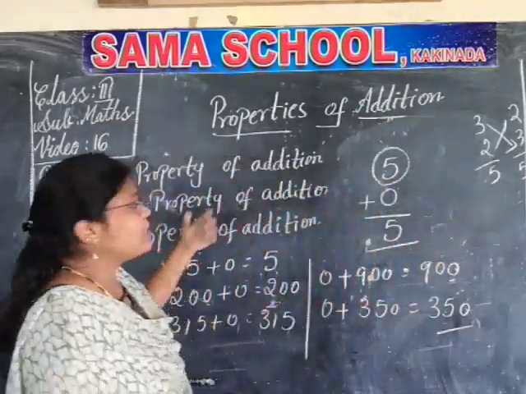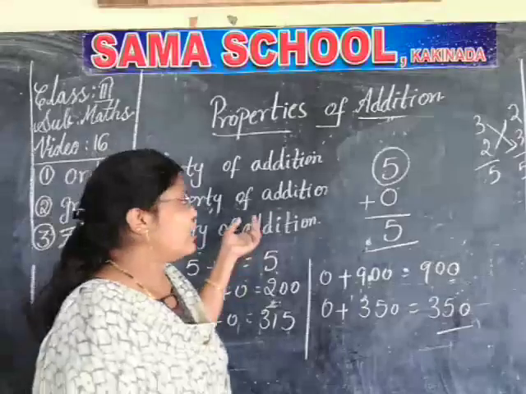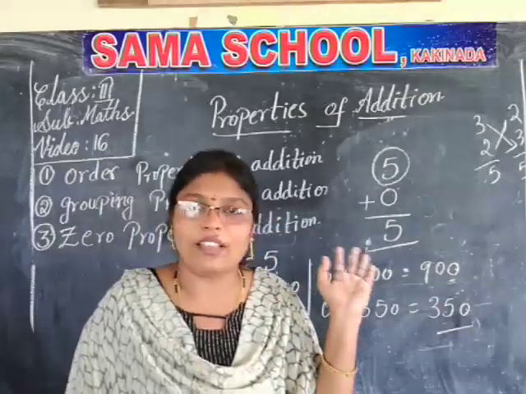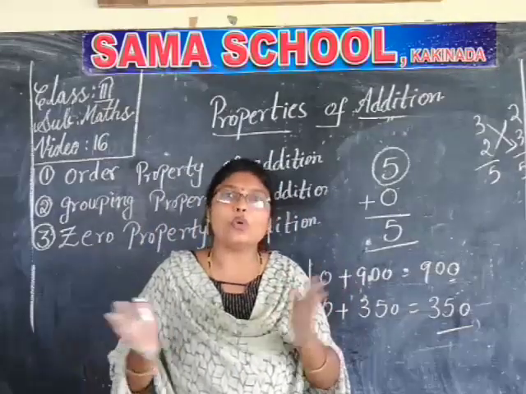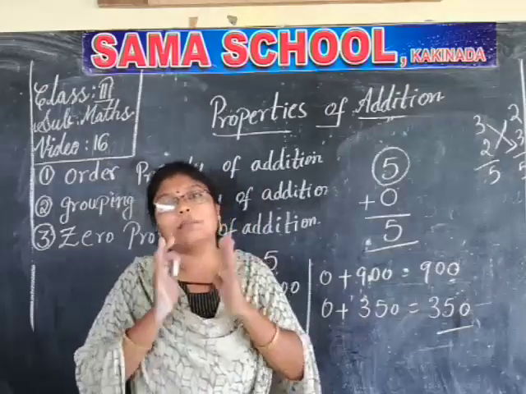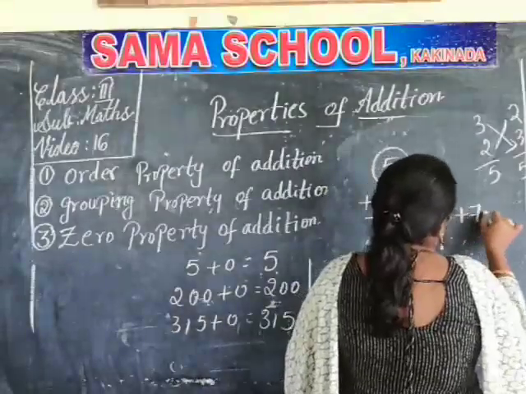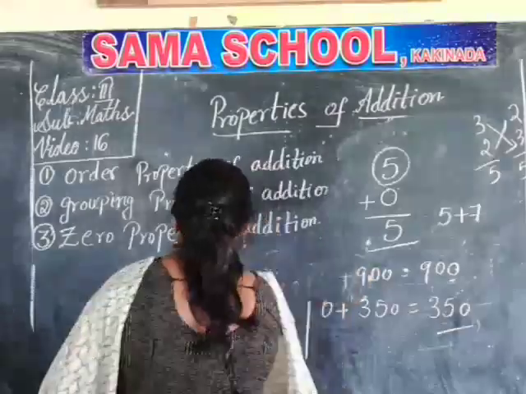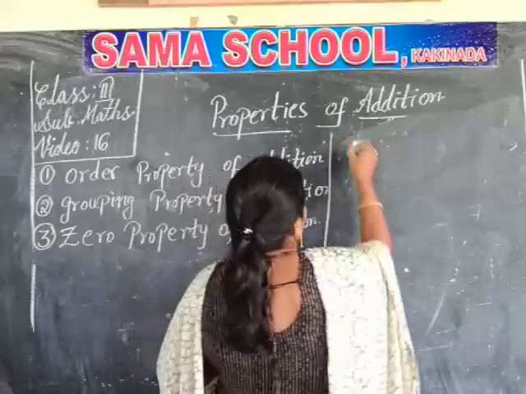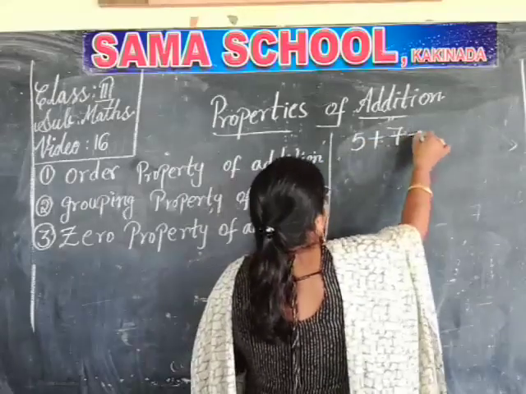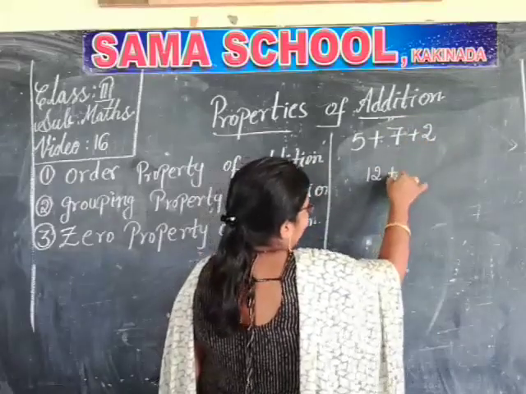The next one is grouping property of addition, which we have learned just now very clearly. That is, if more than two numbers are given, we can group any two numbers and add, and the sum remains the same. For example, let us take three numbers, 5 plus 7 plus 2. What is 5 plus 7? 12 plus 2.